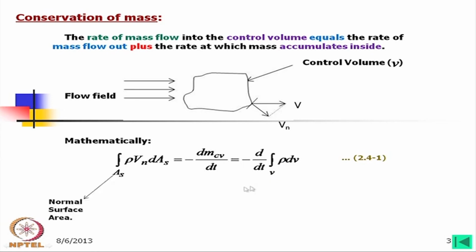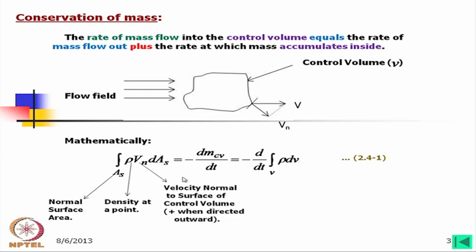Now, in this case A s is the normal surface area, rho is the density which we have already discussed, V n is the normal velocity, and this normal velocity is importantly positive when directed outwards.